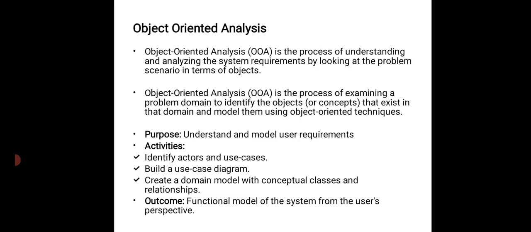What is the purpose? To understand and model user requirements. What kind of activity can we take? It identifies actors and use cases, builds a use case diagram, and creates a domain model with conceptual classes and relationships. What kind of outcome can we see? A functional model of the system from the user perspective.